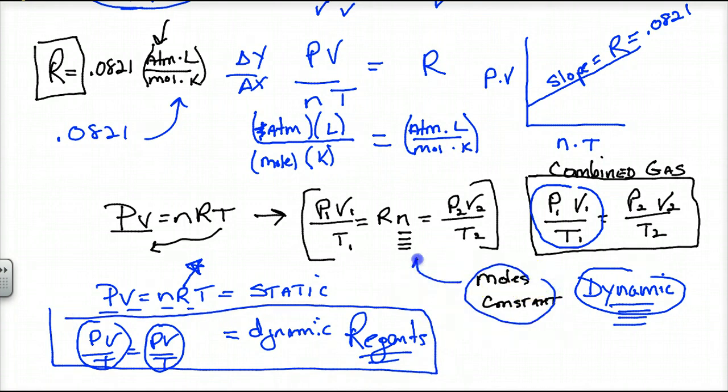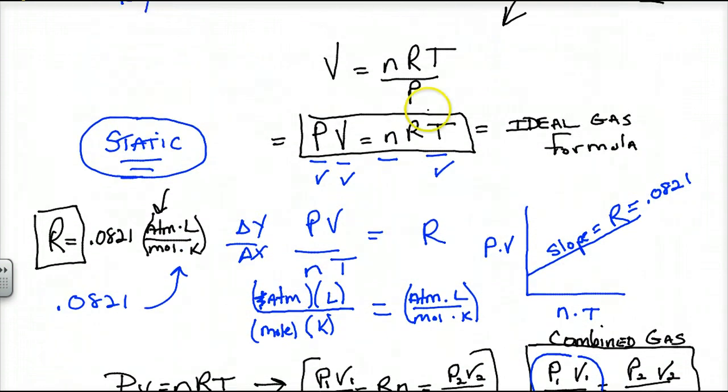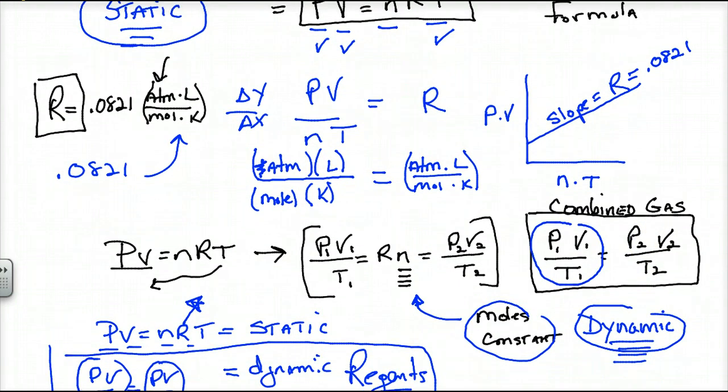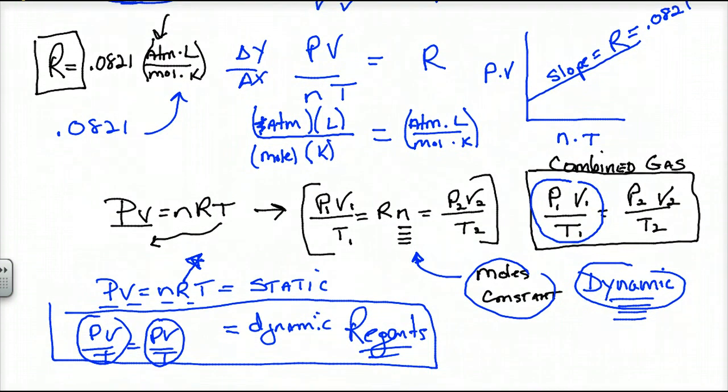The moles are constant. So for the homework that I gave you, the three questions, I want you to figure out whether you're using the ideal equation, PV equals nRT, which is the static one, or the combined equation, and then try to solve it. Good luck. See you tomorrow. Rock on.